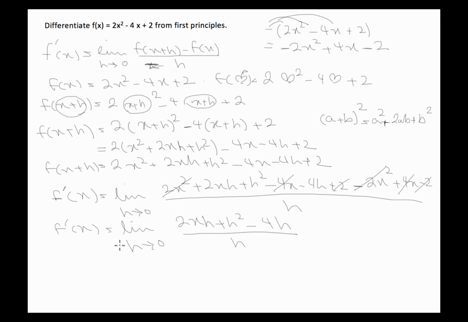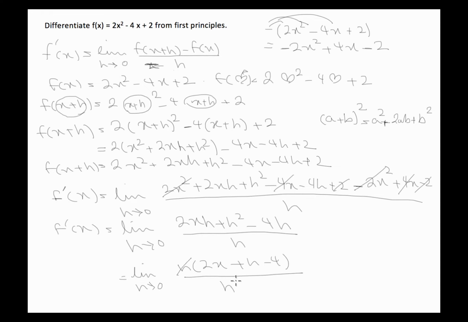Because this is a limit, if I just substitute h now, I'm going to get 0 over 0, which is undefined. So what I need to do is simplify this as much as possible first. To simplify that, I can factorize out an h, because h is common between all of these terms. So I factorize out an h, and that becomes h times (2x plus h minus 4) over h.